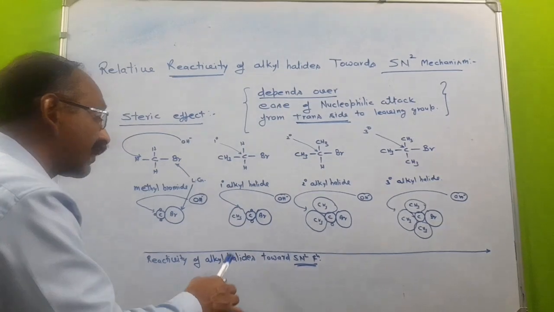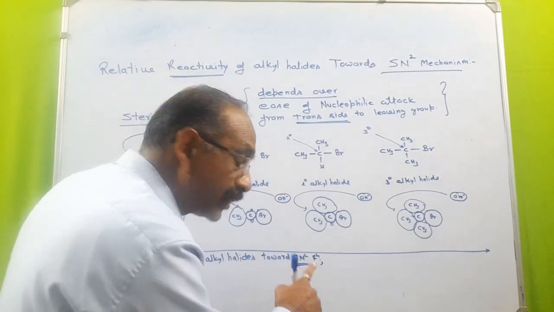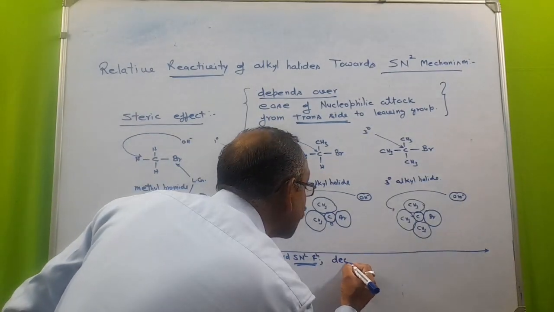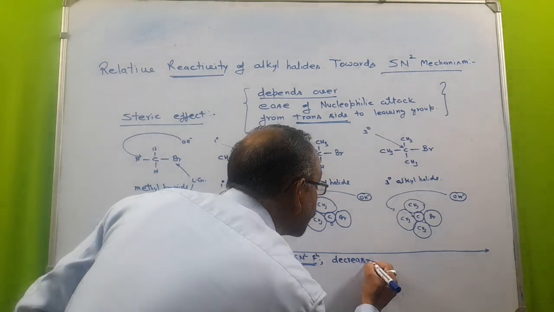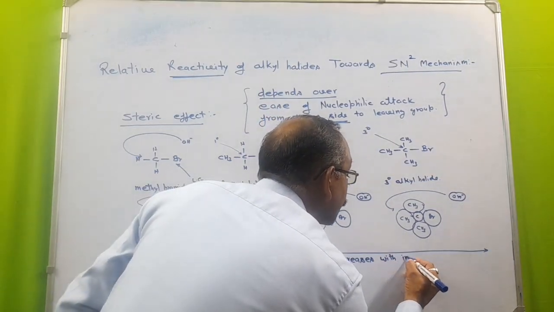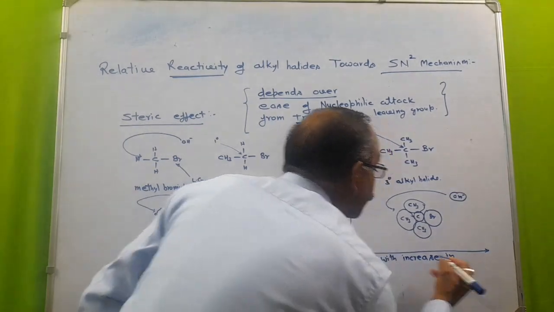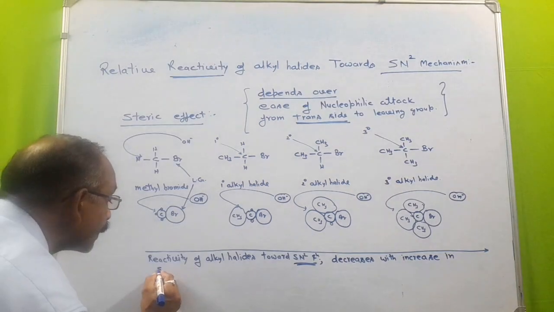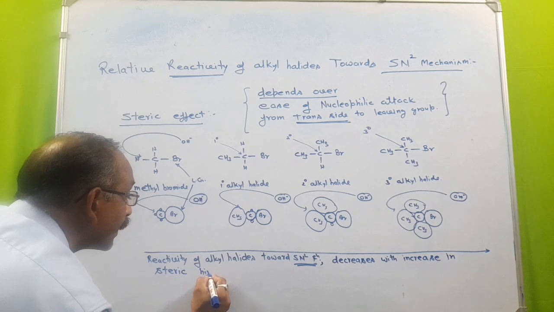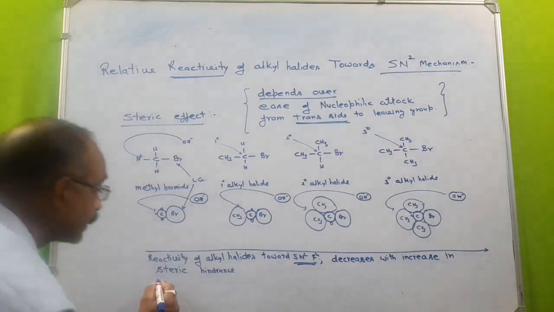So reactivity of alkyl halide towards SN2 mechanism decreases with increase in what? Steric hindrance.